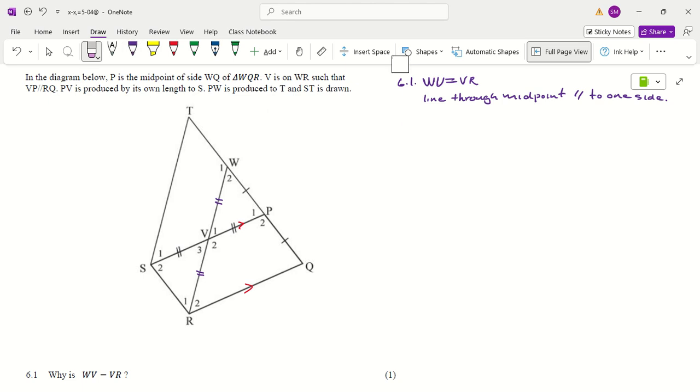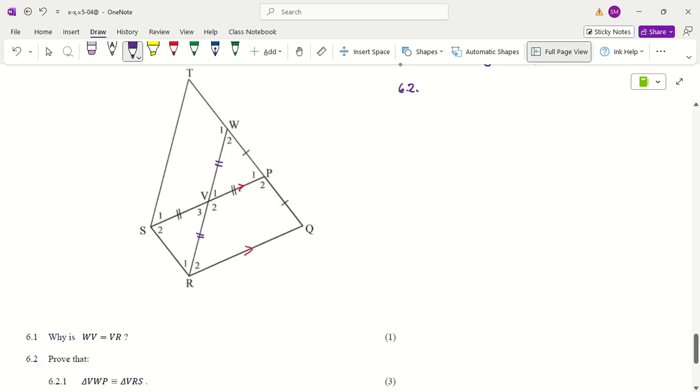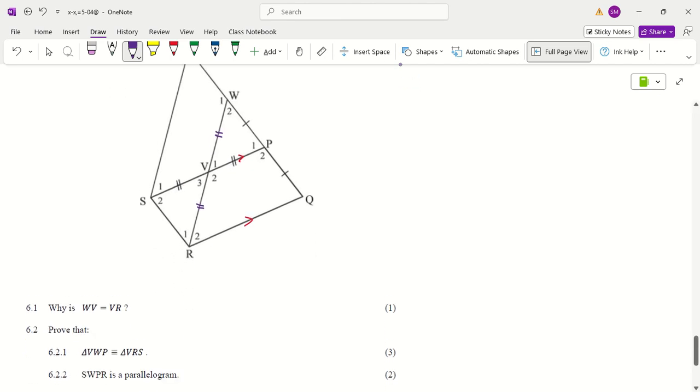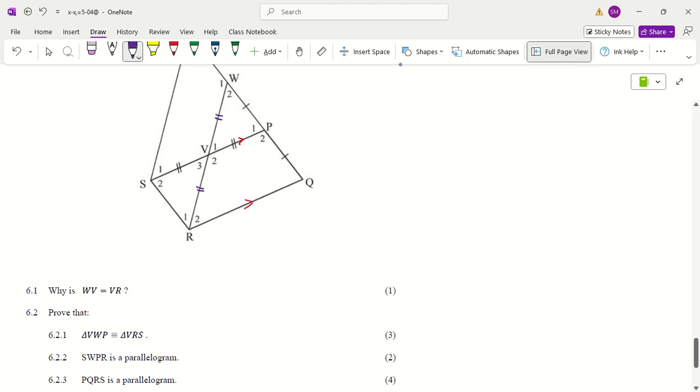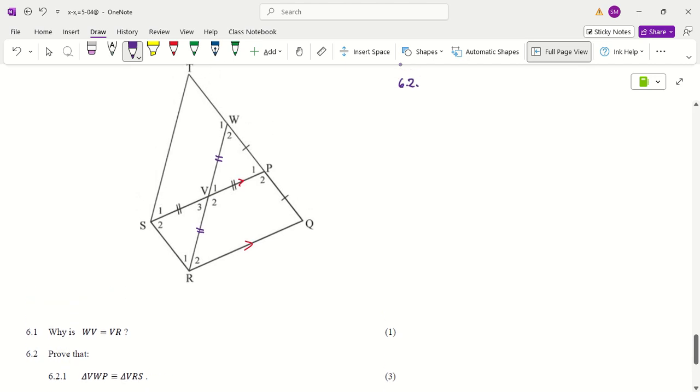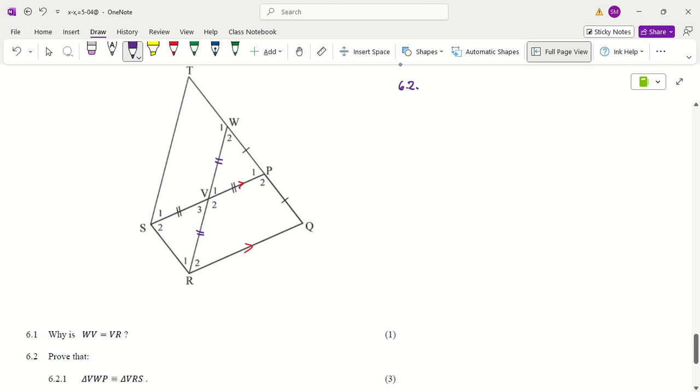6.2, we have to prove that VWP is congruent to VRS. So from V to W to P is congruent to VRS.